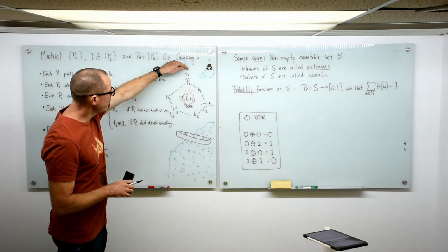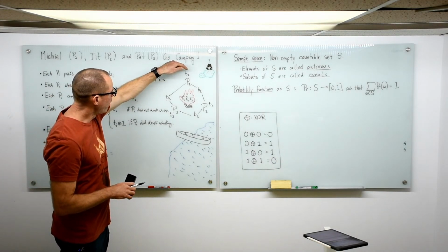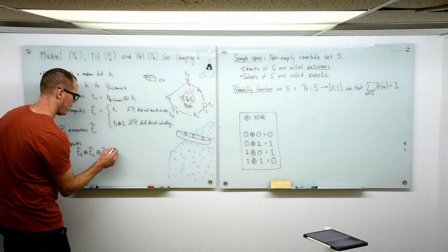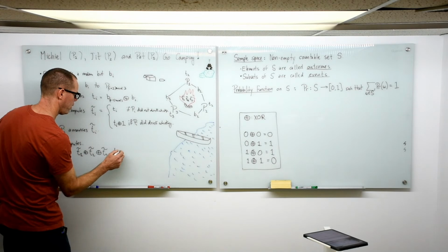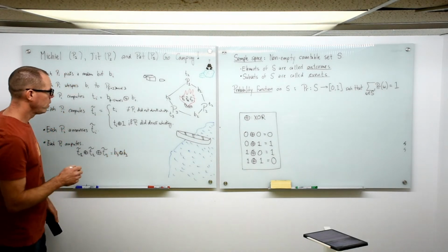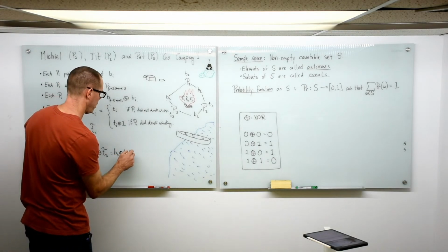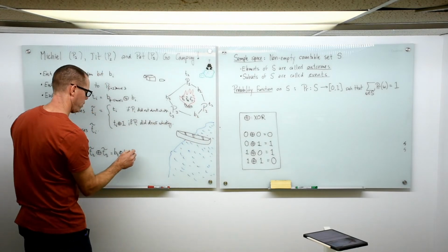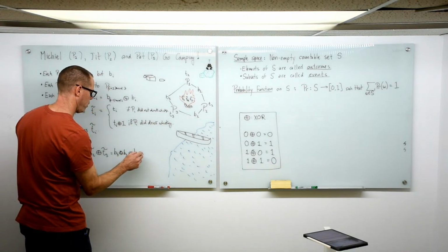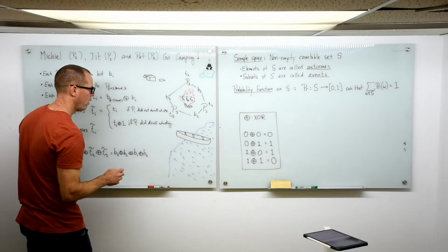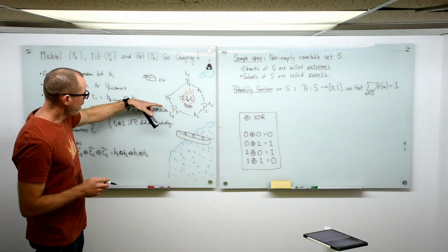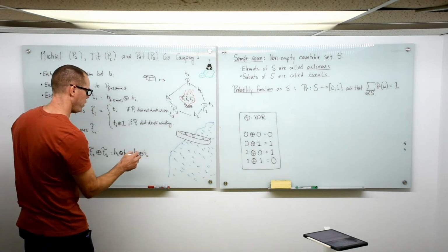T1 is the XOR of B3 and B1. So that's B3 XOR B1. What's T2? Well, that's the XOR of B1 and B2. And what's T3? That's the XOR of B2 and B3.